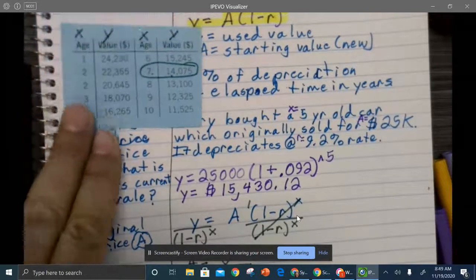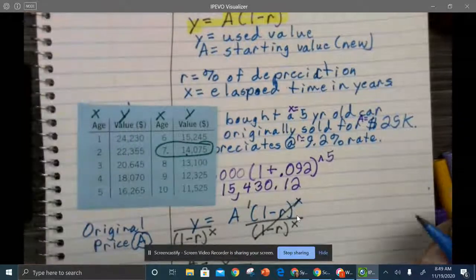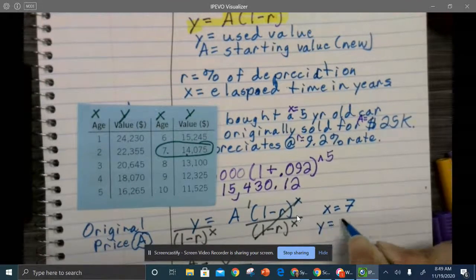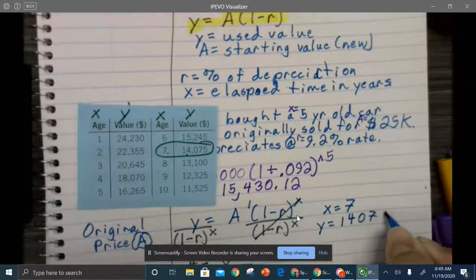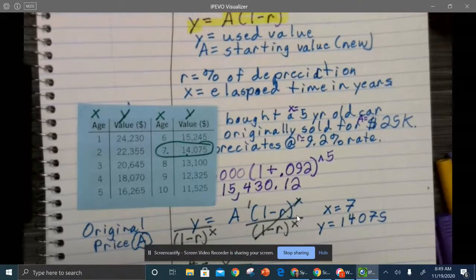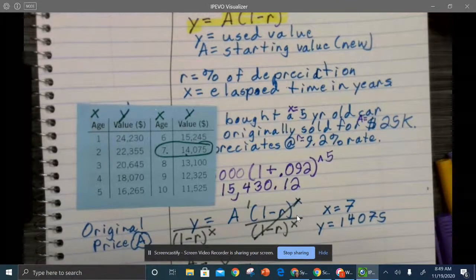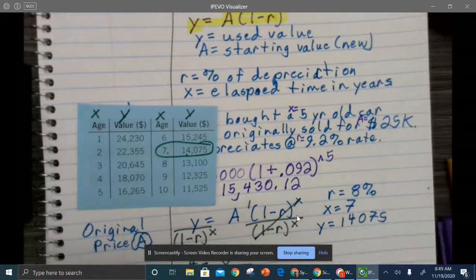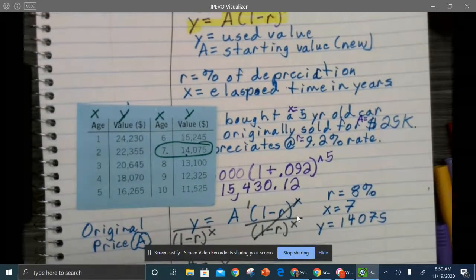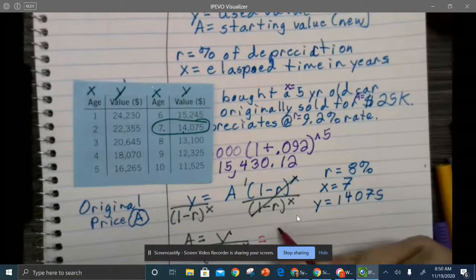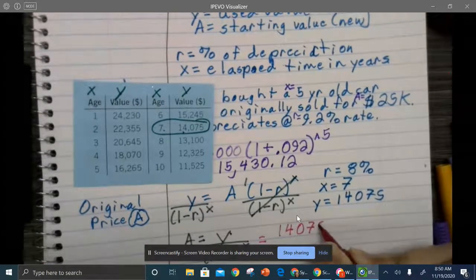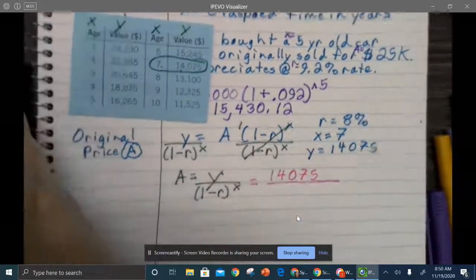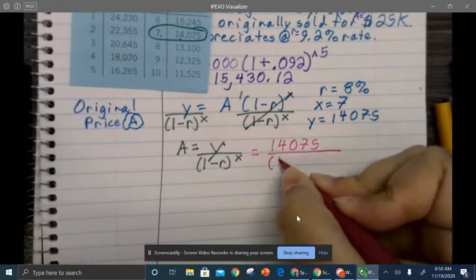Okay, so let's do an example using this table, everybody. The age is 7. The y value is $14,075. We're going to substitute that in, and our rate is 8%. With these, everybody, be really careful and read the questions carefully so you know what you're solving for, and so you know which equation to use.